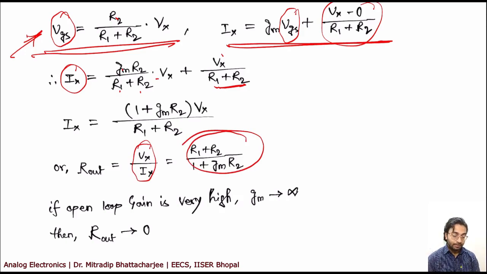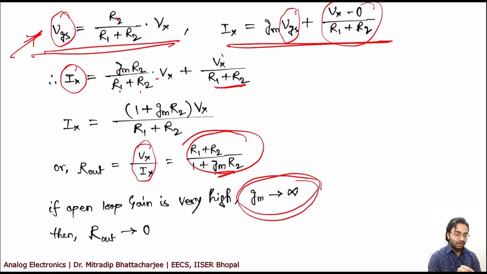Now for an op-amp, what is the condition? I said previously, the characteristics of an op-amp are that the input resistance is very high and the output resistance is very low. We got the inverting amplifier gain as minus R2 by R1 with the condition that GM is very high, GM tends to infinity. Use the same condition over here, GM tends to infinity, and you will find your Rout is coming almost equal to 0.